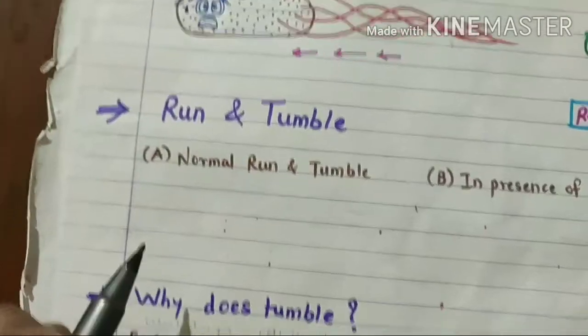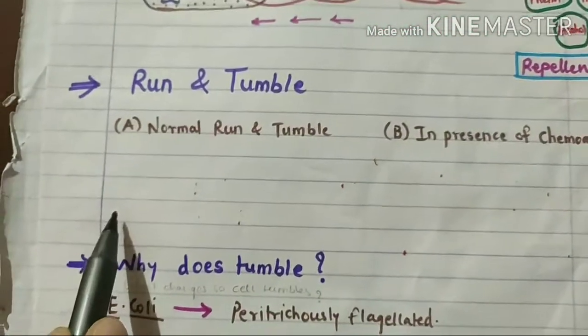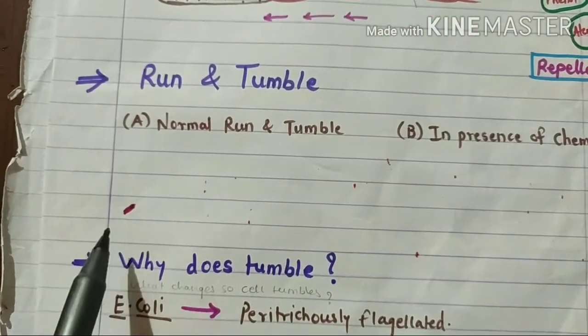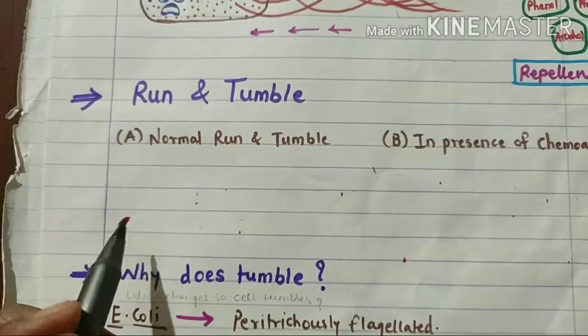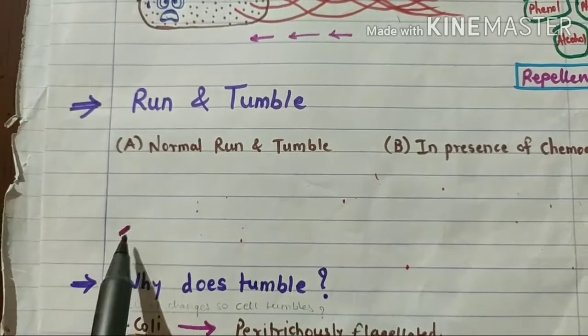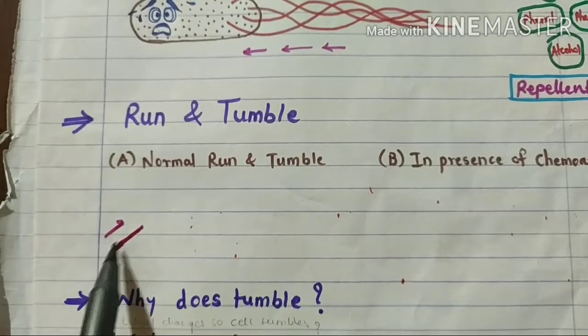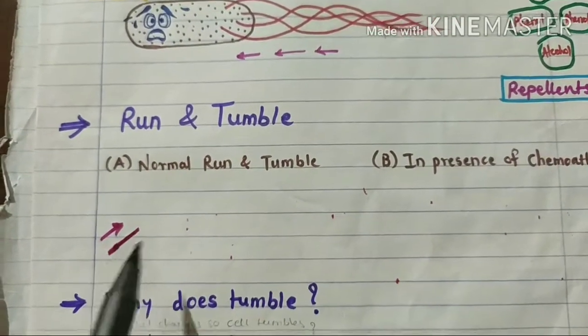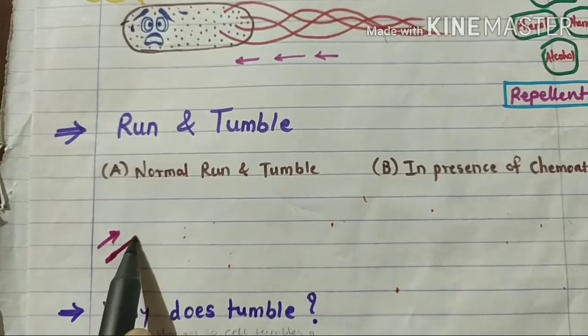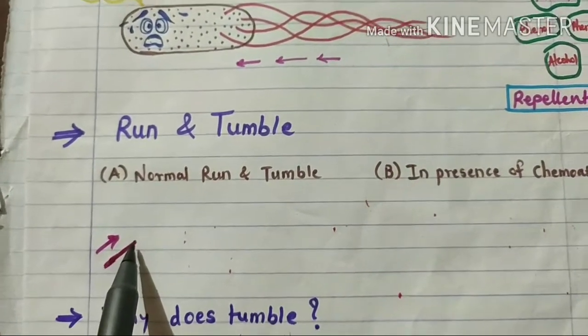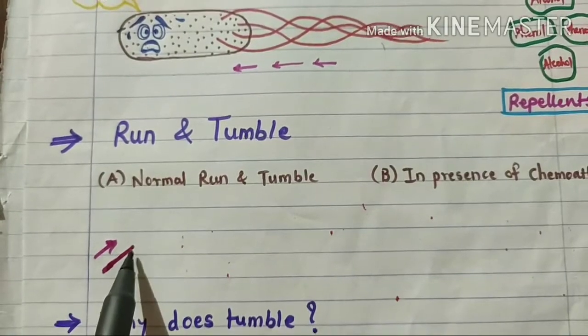For example, you can see here, suppose this is the cell. Normally what happens, it moves. Suppose it is moving in one direction. Now after moving for a few seconds in a straight linear path, it will change its direction randomly.